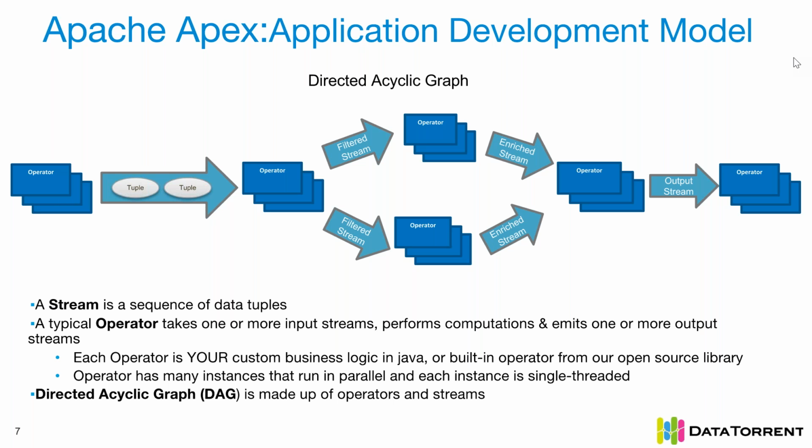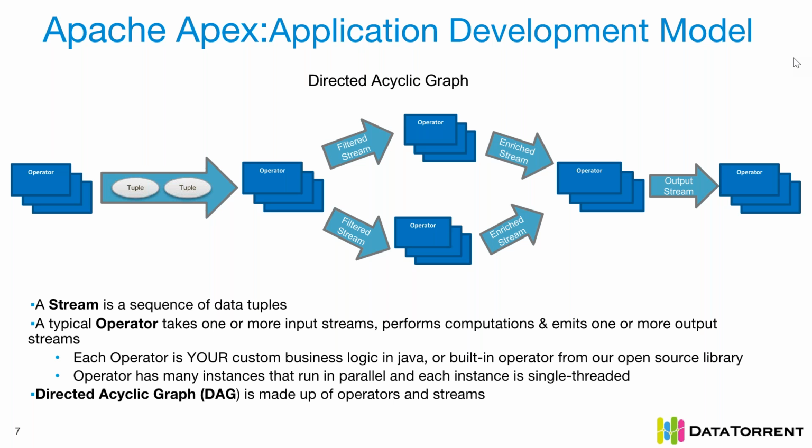Each operator you can consider as your custom business logic in Java, or a built-in operator from the Apache Malhar library. An operator can have as many instances running in parallel, and each of these instances is more or less a single-threaded implementation.